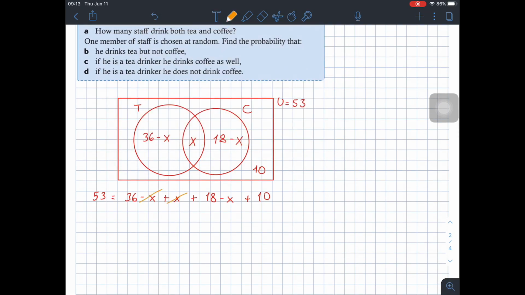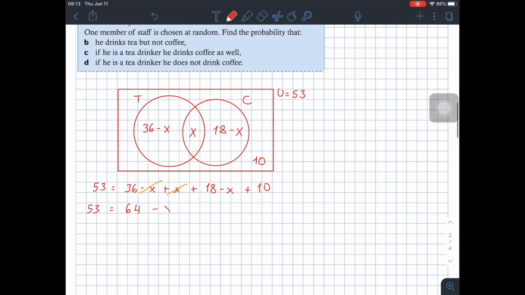Then we have 53 is equal to 18 plus 10, that's 28, plus 36, that's 64, minus 2x.